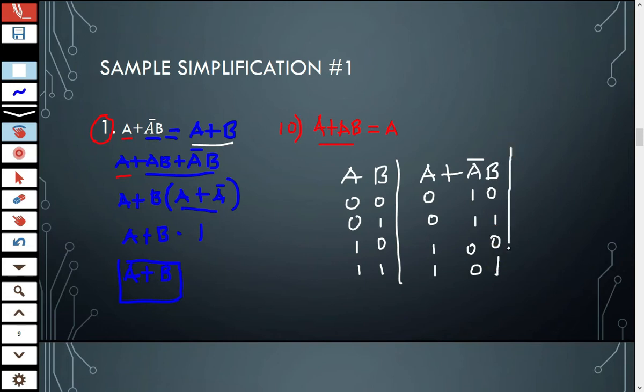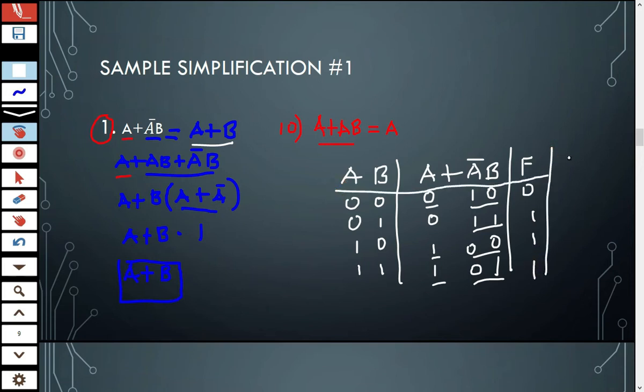And then let's try to operate for the final result. Anything that is multiplied by 0 is always 0. So this is 0, 0, and 0, we get 0. 1 plus 0, we get 1. 0 plus 1, we get 1. And then 0 plus 1, we get 1. So this is same with A plus B.